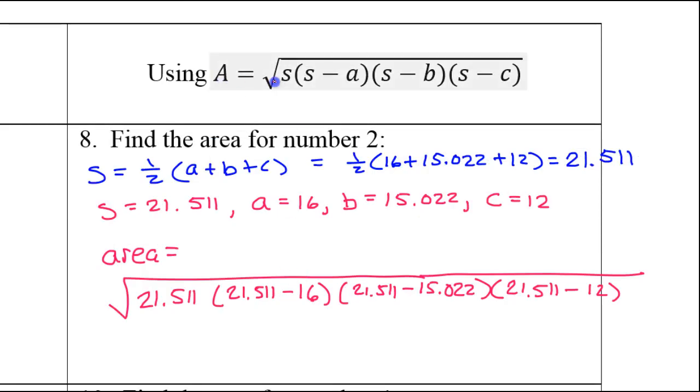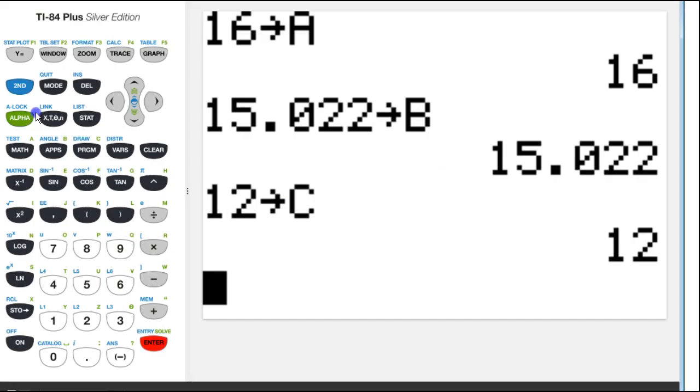So now I should be able to literally just type in this expression just the way it is. So that's what I'm going to do.